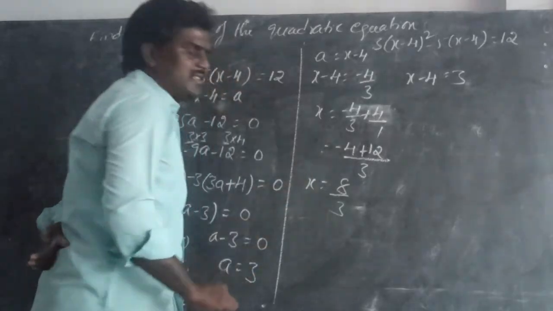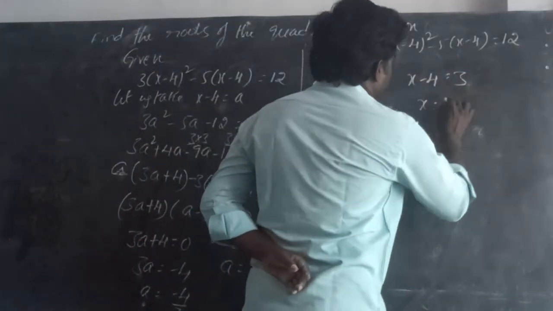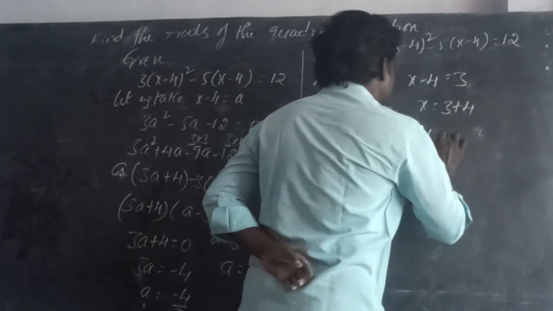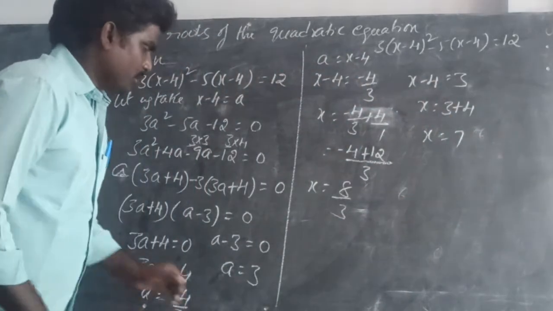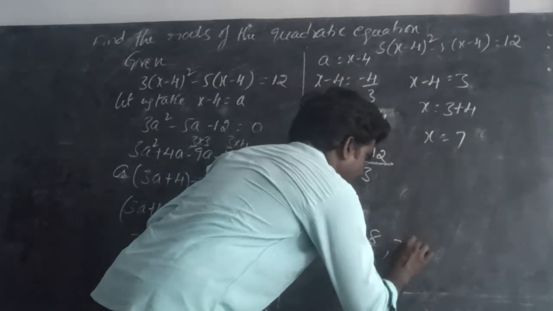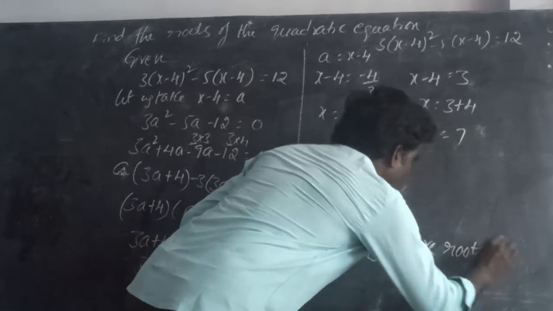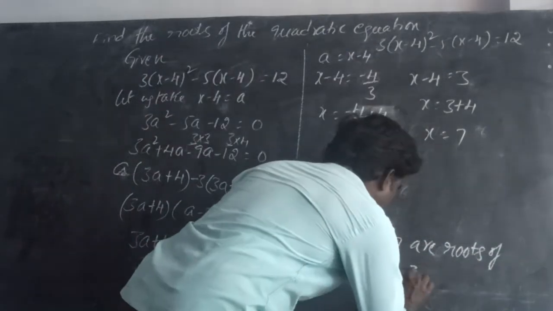So the x value is 8/3. Next, minus 4 goes over as plus: 3 + 4, so the x value is 7. Therefore x = 8/3, 7 are the roots of the given quadratic equation.